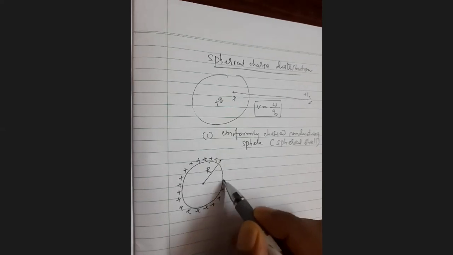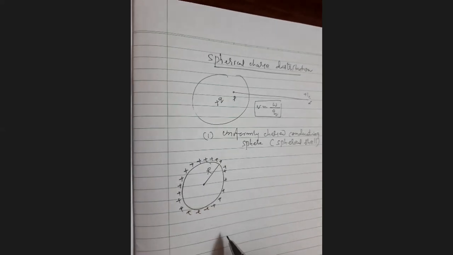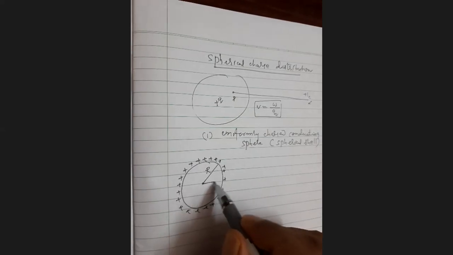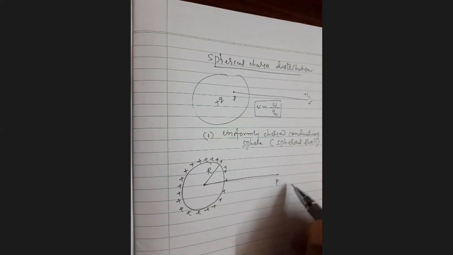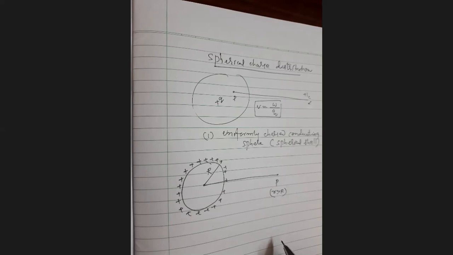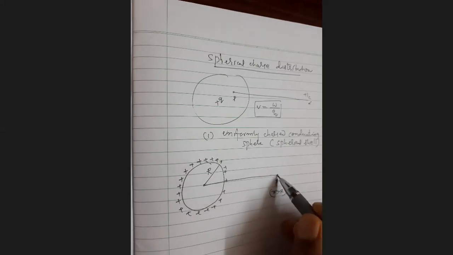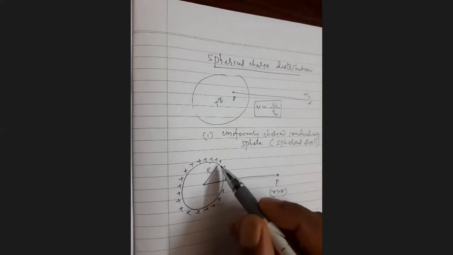There is no charge inside the sphere, right? Now, we have to calculate the potential at the point P, which is outside of the sphere, r greater than R.